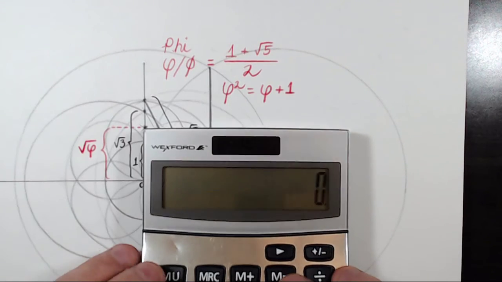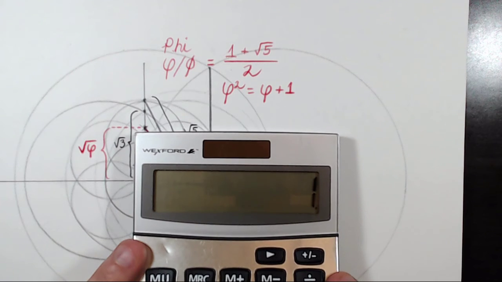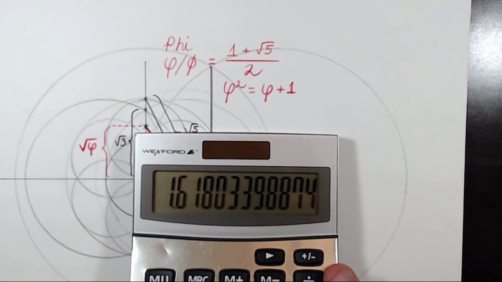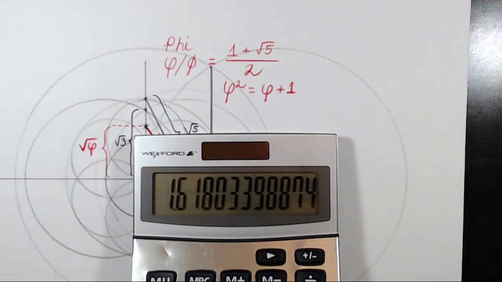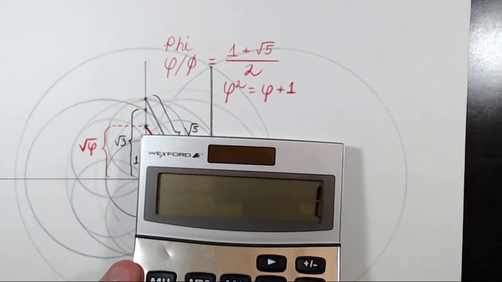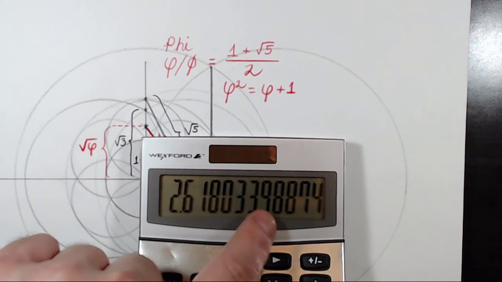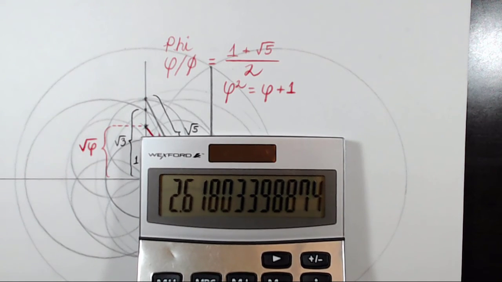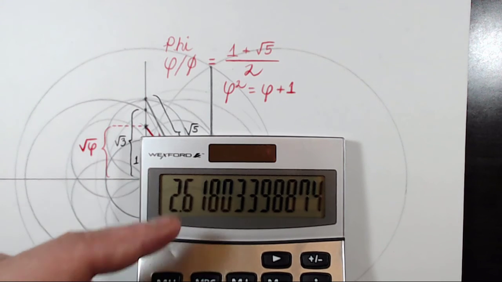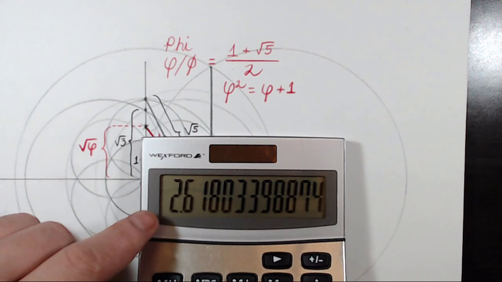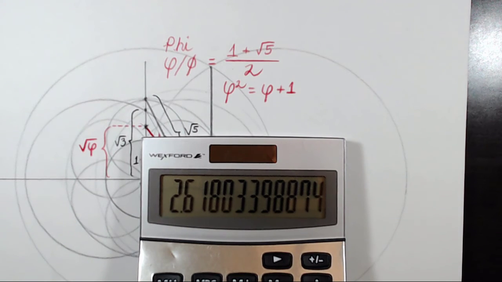Let me start with my exact formula. There's our phi number. Okay? Now let me add 1 to it. It equals 2.61803988874. Now, if I hit this square root button, it should go back to being the number 1.618033889. It should literally be this number minus 1.